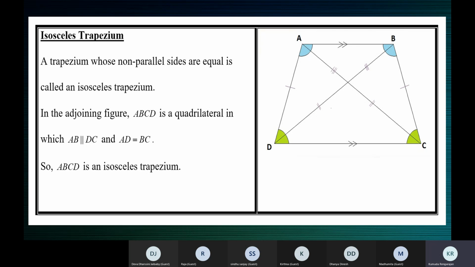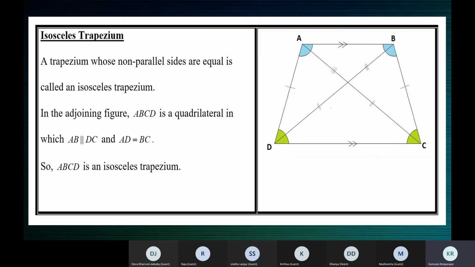So it should be a trapezium, that means one pair of opposite sides should be parallel, in which the non-parallel sides are equal.